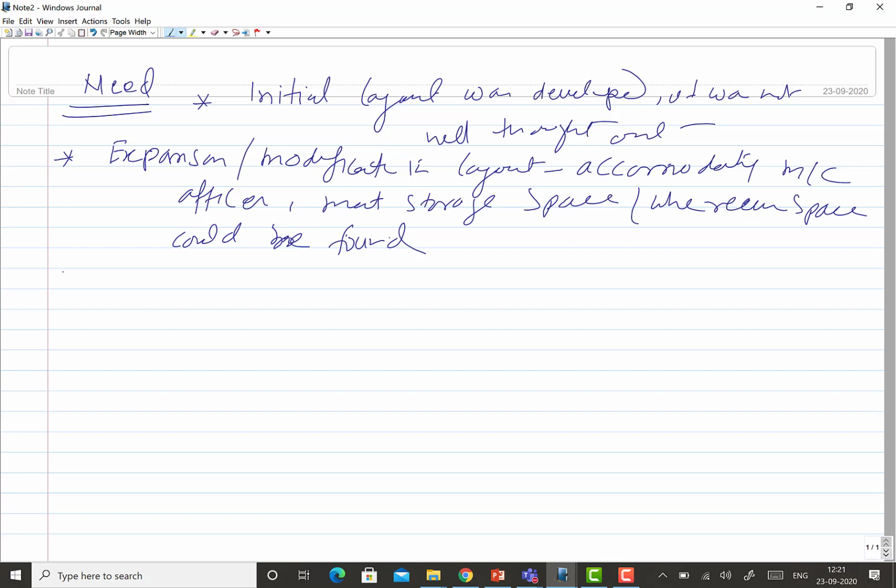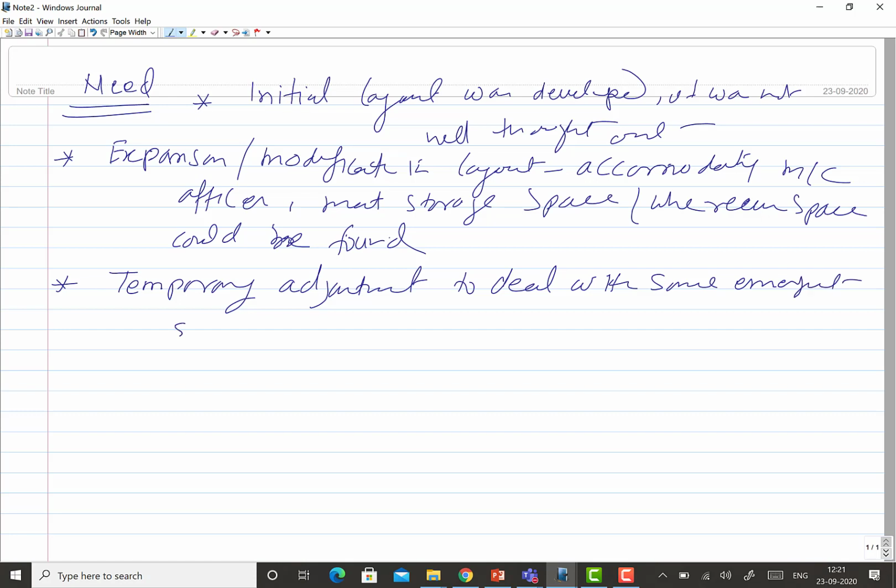There is a third possibility, where some temporary changes were made as temporary adjustments to deal with some emergent situation, like a sudden increase in demand.